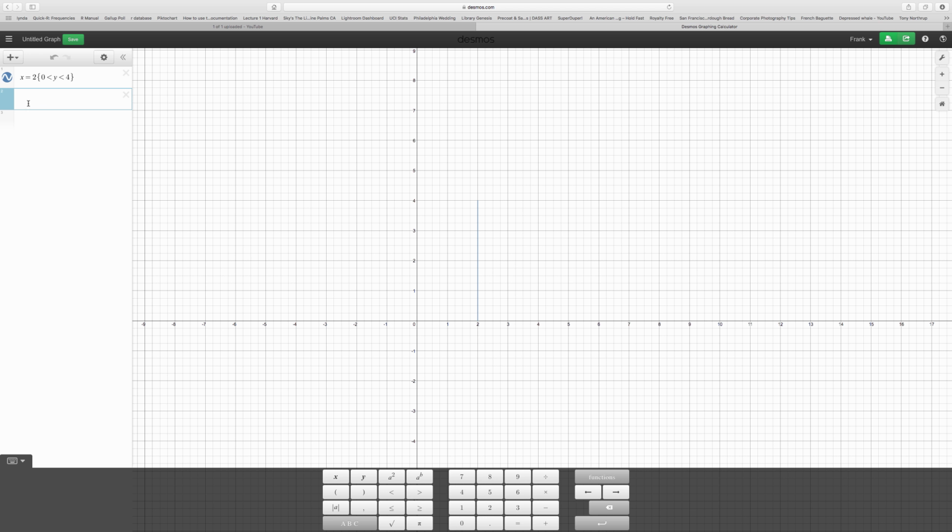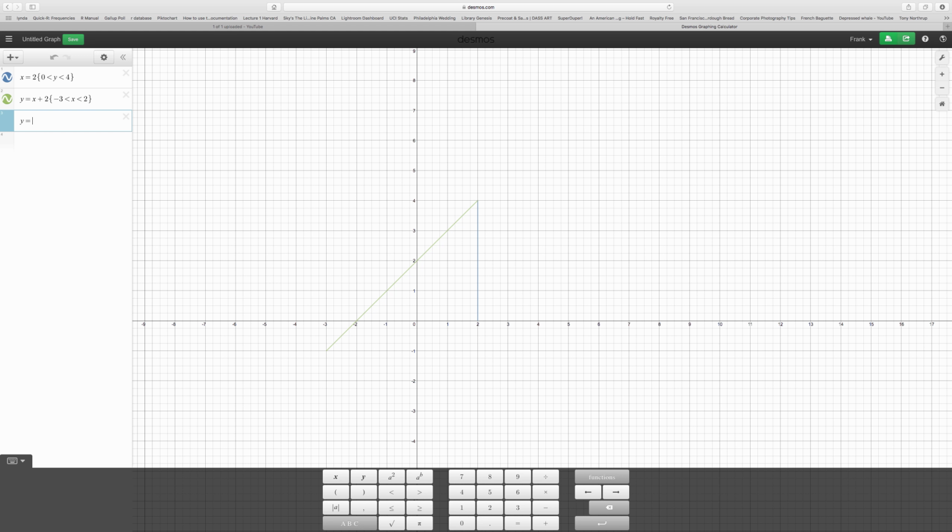Okay. Next one is going to be y is equal to x plus 2, bounded by negative 3 less than x less than 2, right? Okay, it looks very funny right now, but let's continue on.